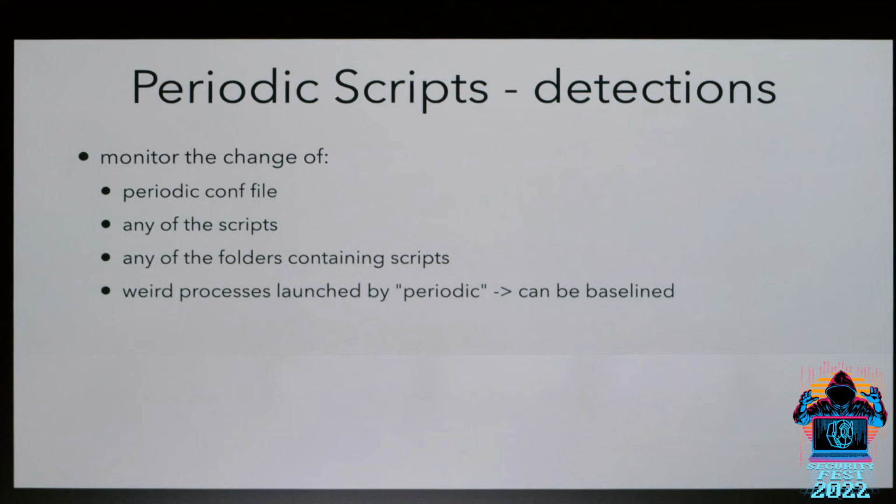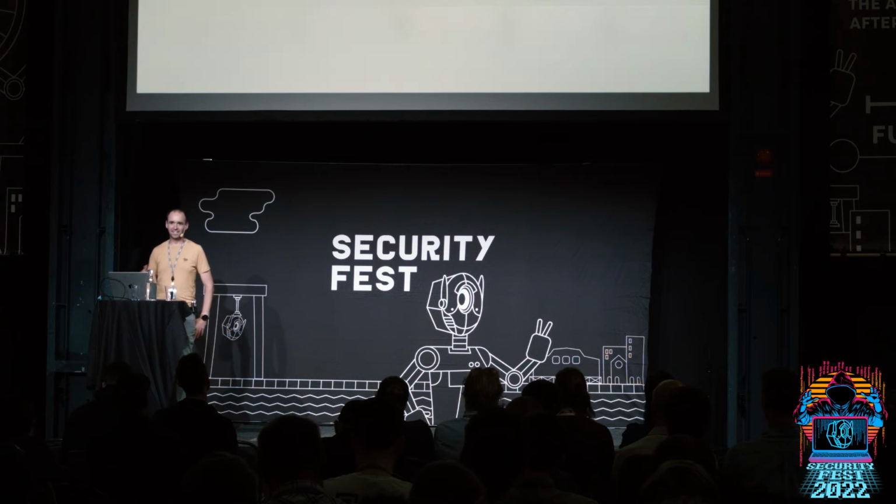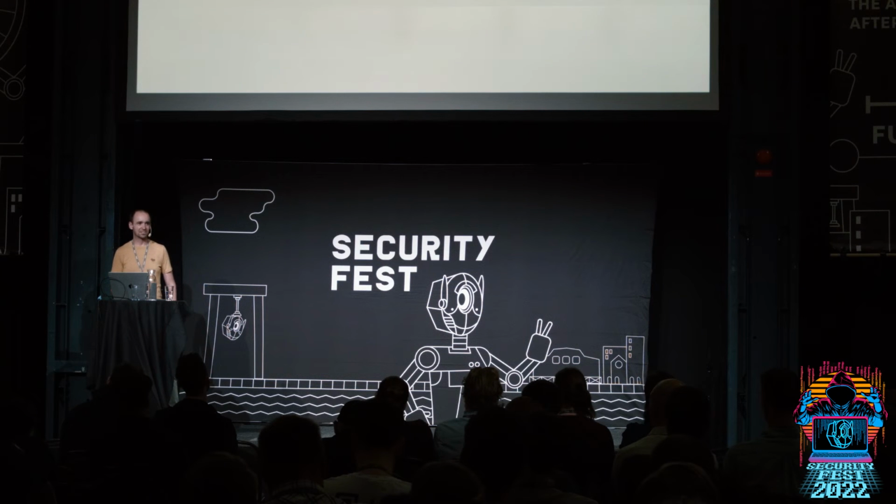So normally applications don't install periodic scripts, so you can make a baseline of what is executed normally, and then anything that doesn't fall into that bucket is an outlier and probably a malware or red teamer or something else.